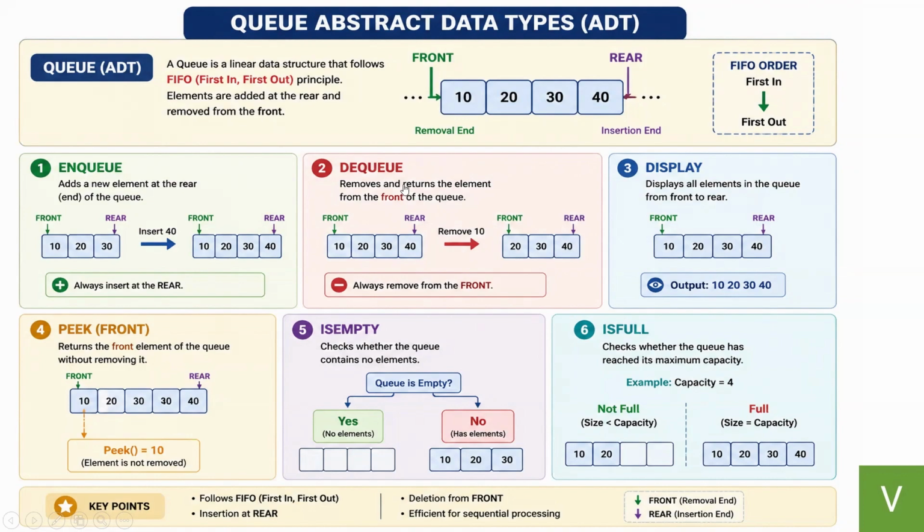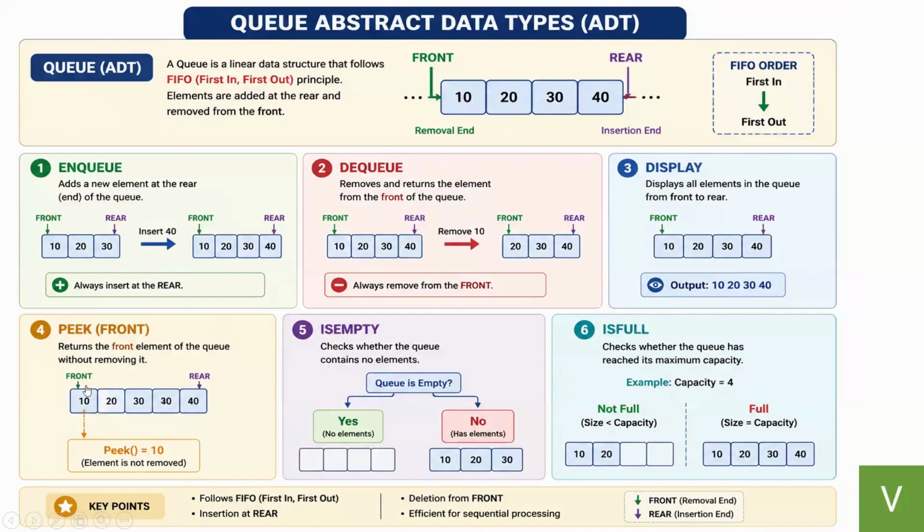Similarly, if you want to dequeue an element, then 10 gets deleted and the front variable gets updated such that it points to 20. Displaying shows the elements from front to rear, that is 10, 20, 30 and 40 are displayed.